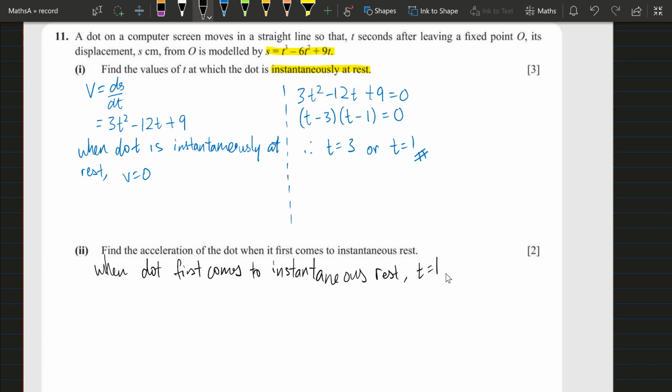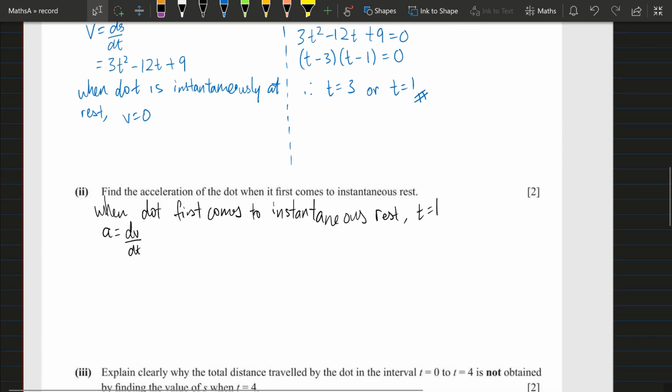For acceleration, again, it's another simple derivative of the velocity, and then we should have a equals 6t minus 12. So when t equals 1, acceleration will be negative 6 cm per second squared.